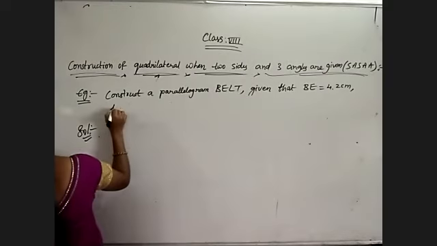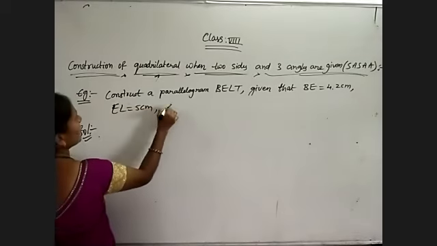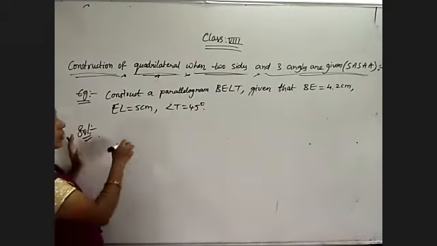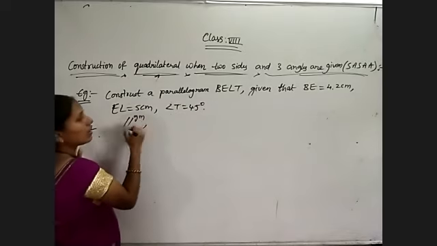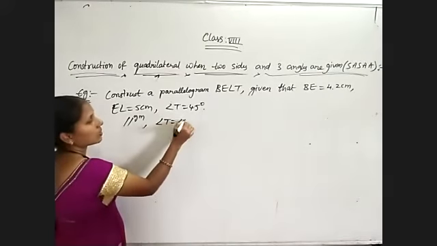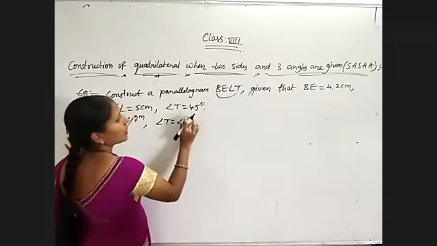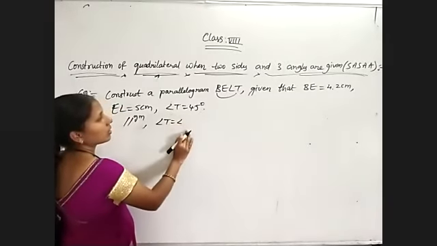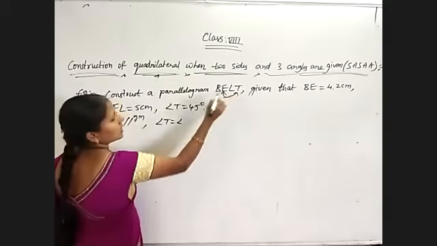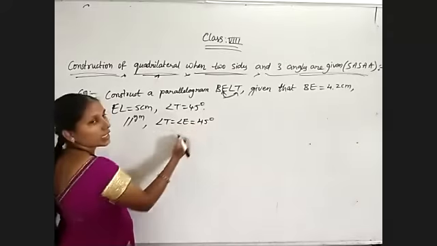EL is equal to 5 centimeters. Angle T is equal to 45 degrees. This is the given information, and according to the parallelogram, in a parallelogram opposite angles are equal. That is, angle T is equal to angle E. Sorry, angle T and angle E, opposite angles, are equal, 45 degrees.